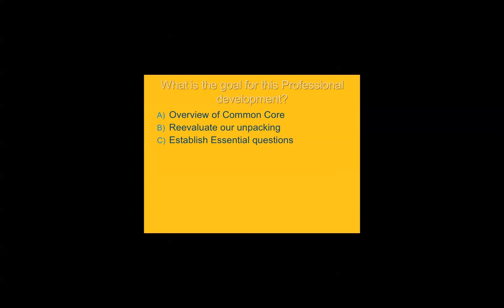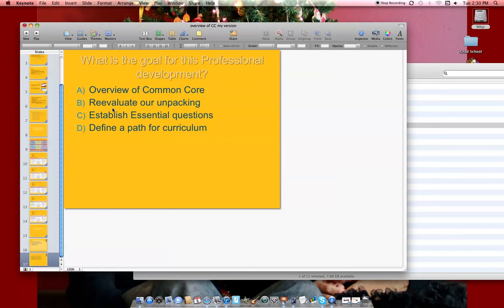So some of the things that we're going to be looking at while we're going through this is an overview of the Common Core, then we reevaluate our unpacking of our standards, particularly Byron High School. We have to reevaluate our unpacking because I think there was something that we missed out on, and we have to re-examine that. And from there, we'll have to be able to establish those essential questions.